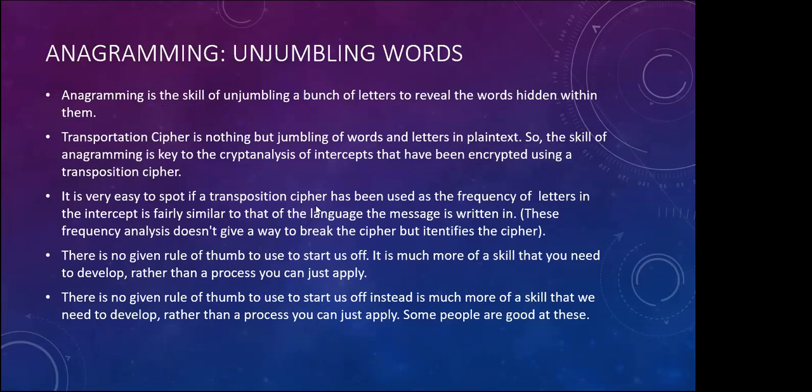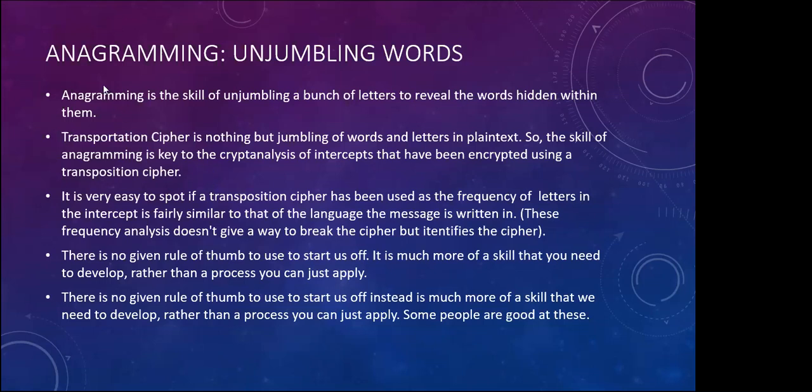And the transposition cipher, as we know, is where we jumble the letters of the plain text in a particular pattern. So anagramming is useful in identifying those patterns and getting to know which kind of transposition cipher is used to encrypt this.